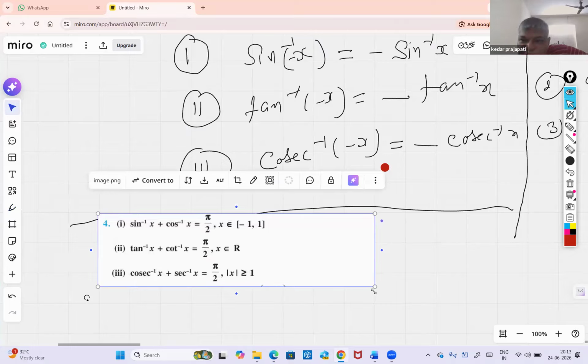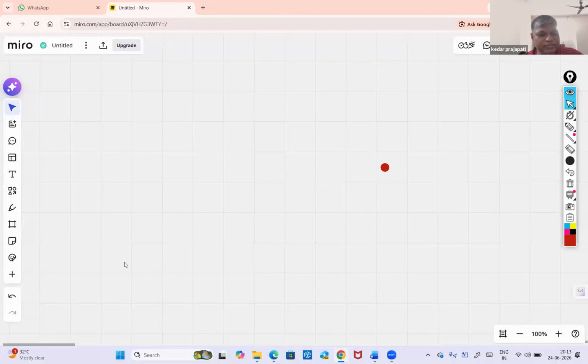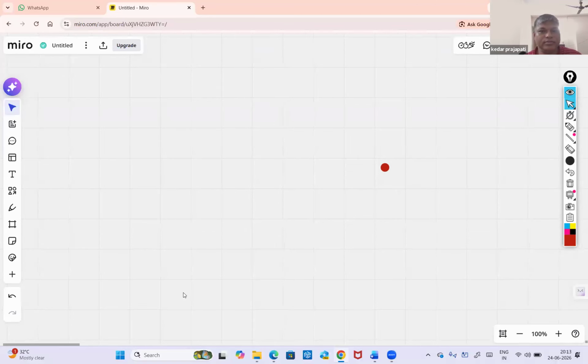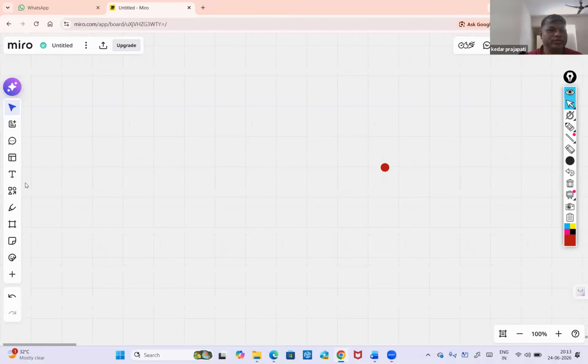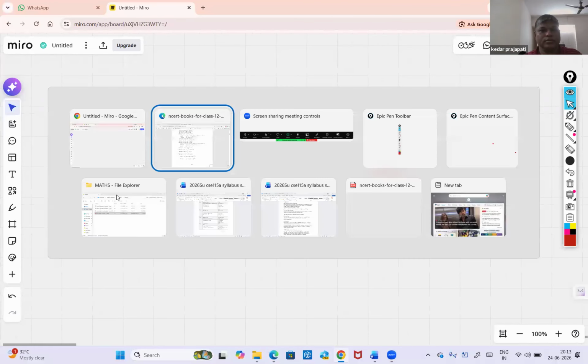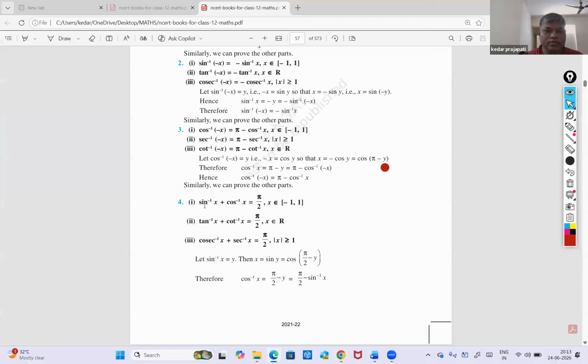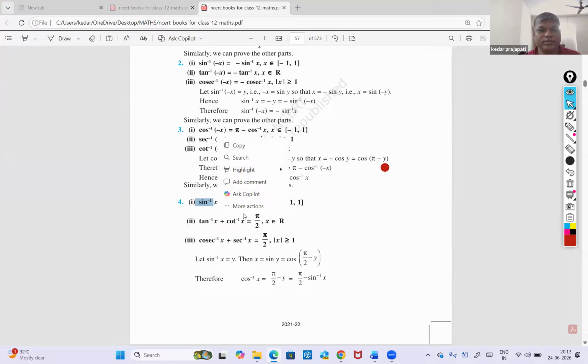Sin inverse x plus cos inverse x is equal to pi by 2.